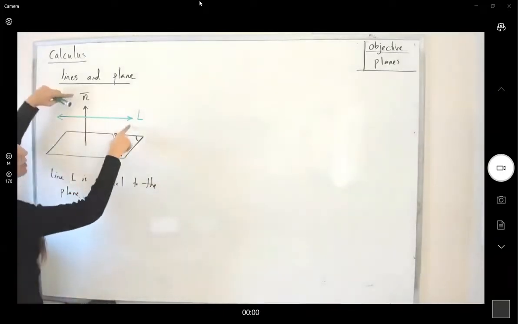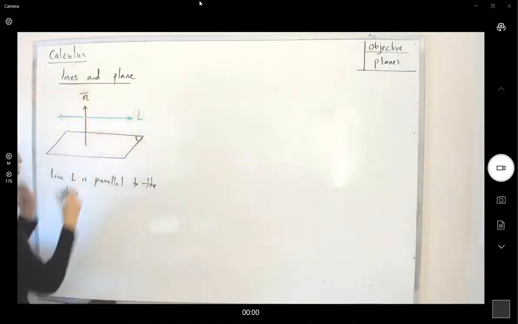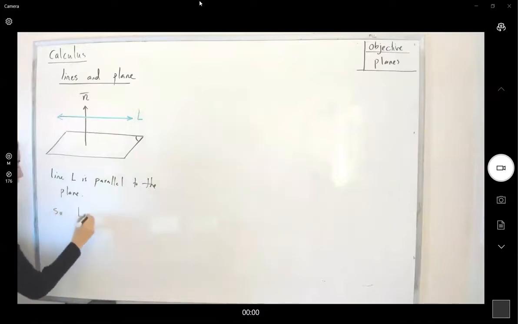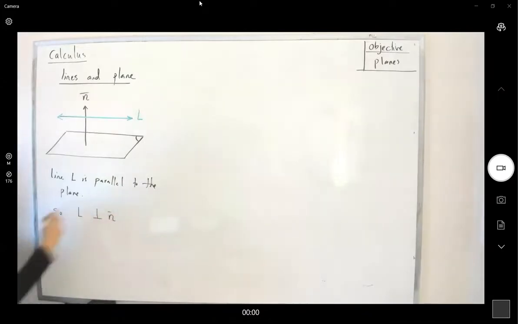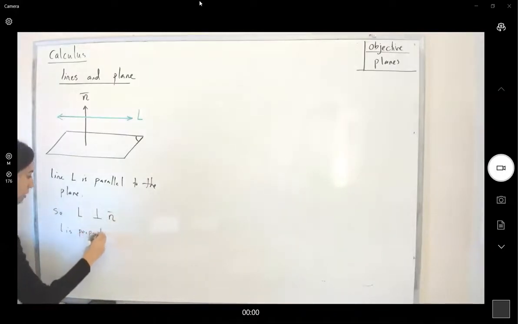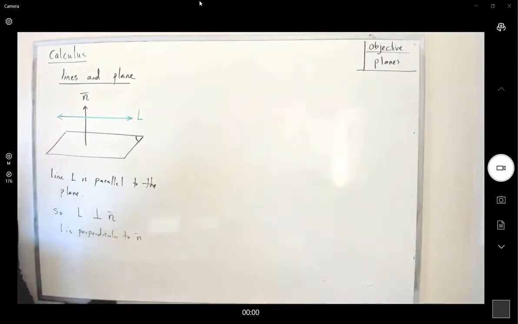What's the relation between the line and the normal vector? They are perpendicular. So L is perpendicular to N, the normal vector. What is the angle between them? Theta is pi over 2.